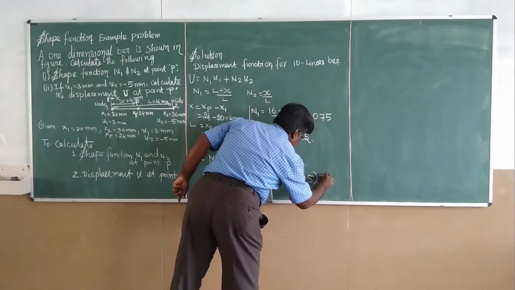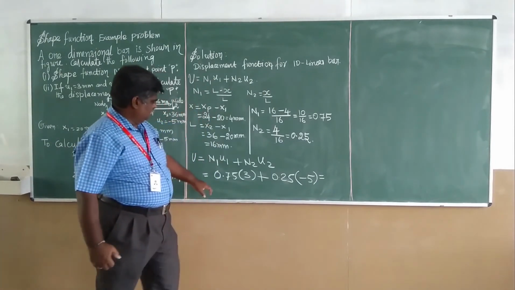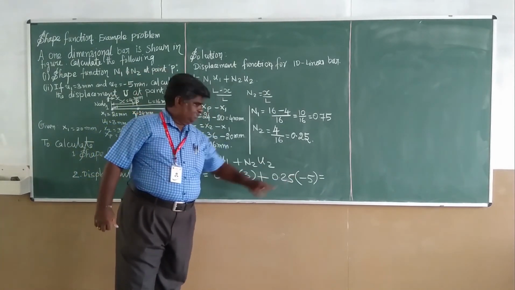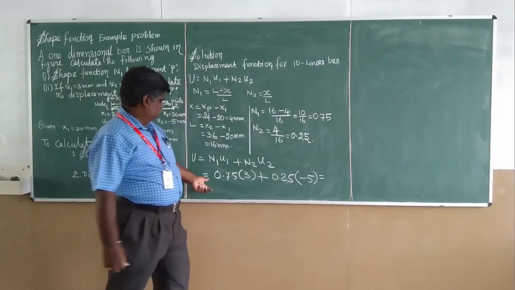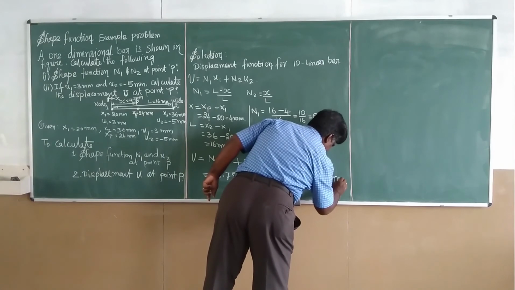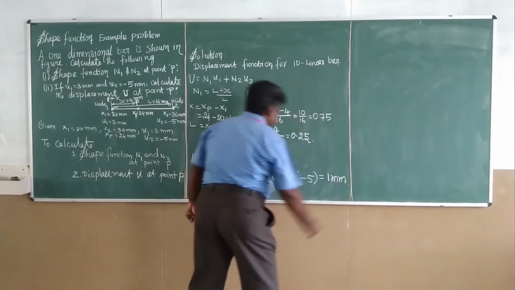Using your calculator, 0.75 times 3 and 0.25 times minus 5, we obtain the displacement of 1 mm.